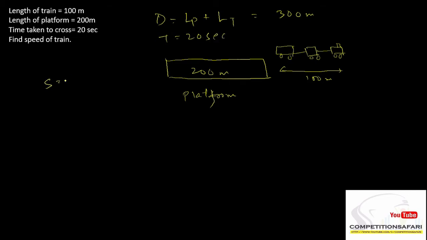So the speed of the train becomes 300 by 20, which gives you 15 meters per second. So this was just to explain what the crossing of train means. Just remember, the total distance here will be the length of the platform and the length of the train.